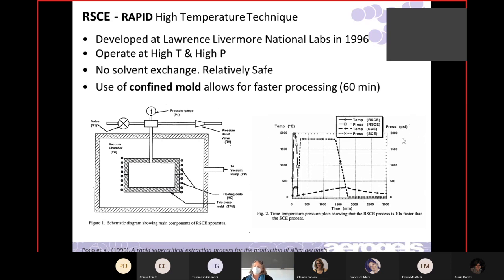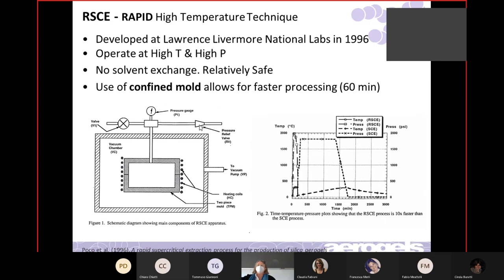Once it reaches supercritical, they have a pressure relief valve that says, we're at 1,500 PSI, supercritical pressure, open up, and slowly open up. And then they release it, and then they cool it down.